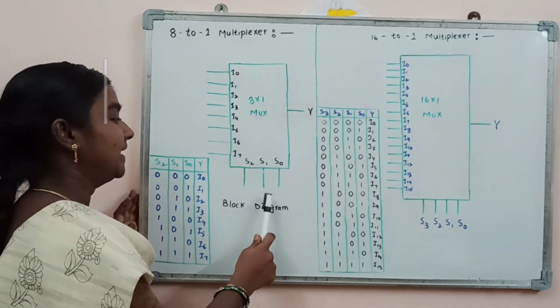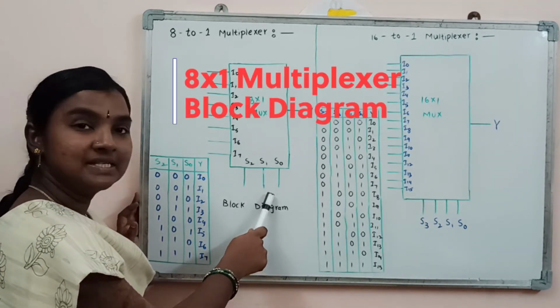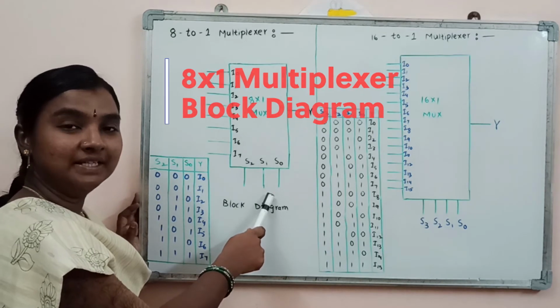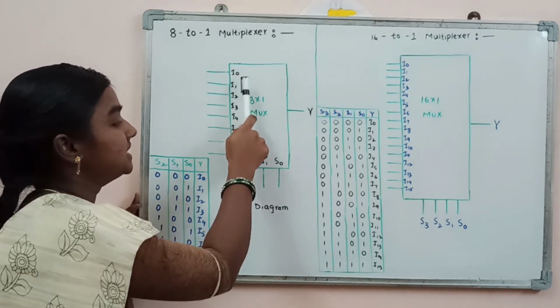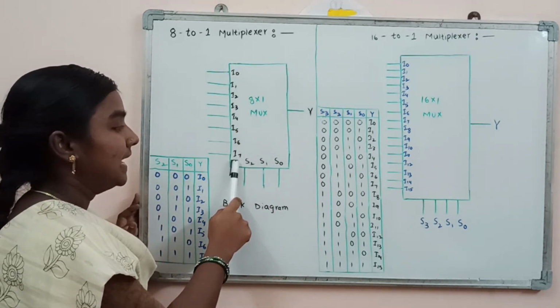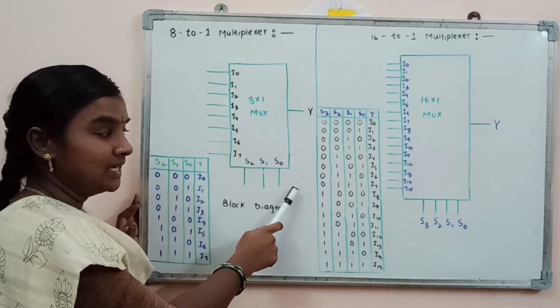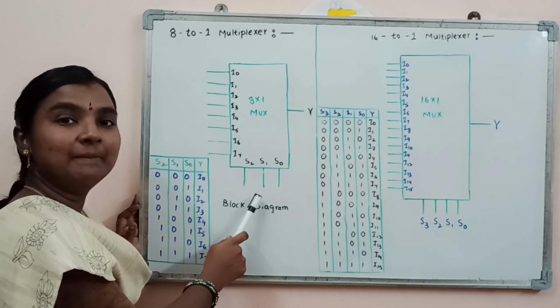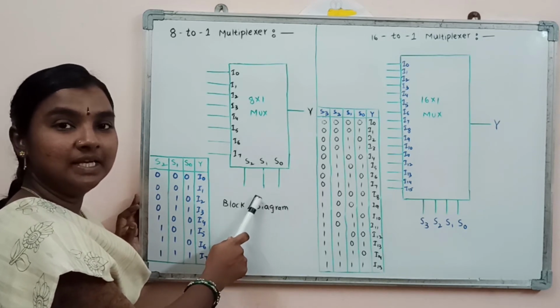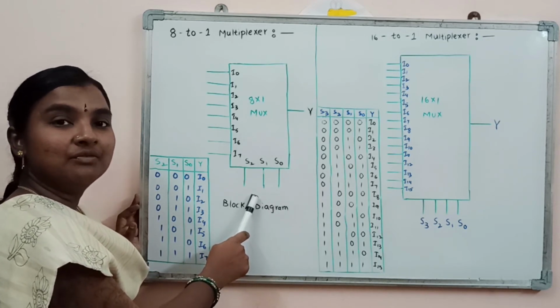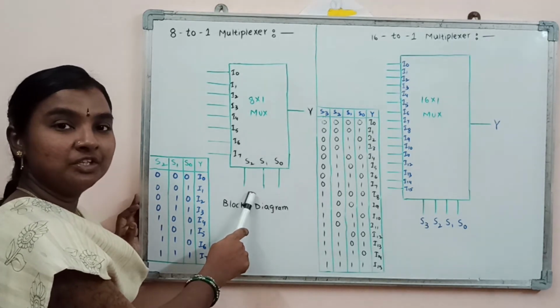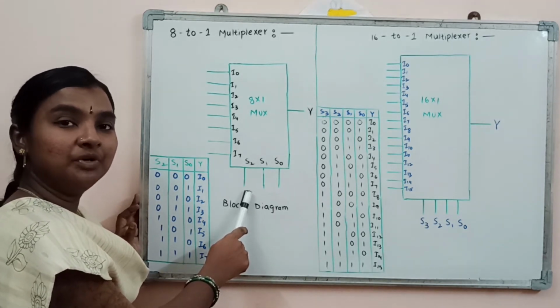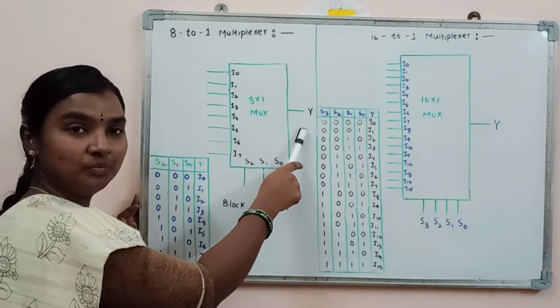Now this is the block diagram regarding the 8 to 1 multiplexer. Here it consists of 8 inputs from I0 to I7 and 3 selection lines S0, S1 and S2. Based on the binary information on these selection lines, one particular input line is going to be selected and transmitted to the output side.